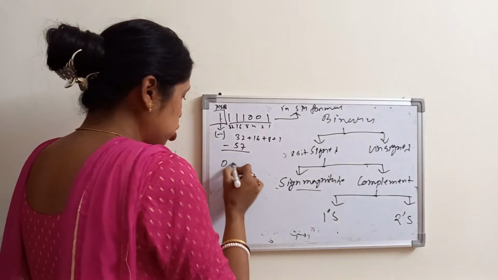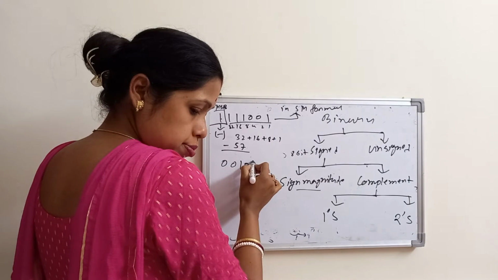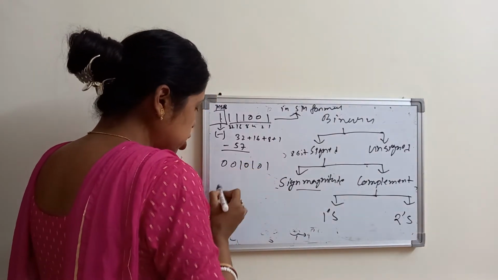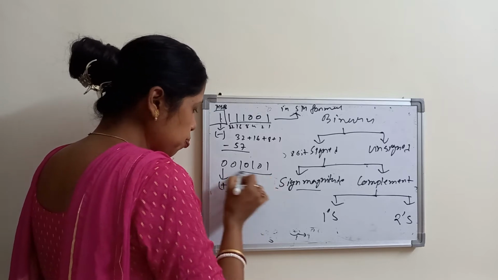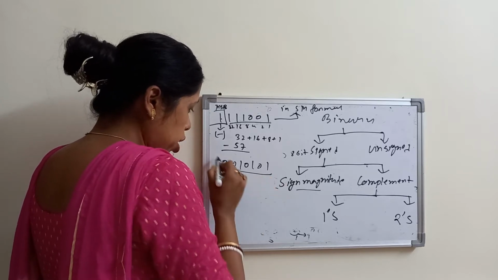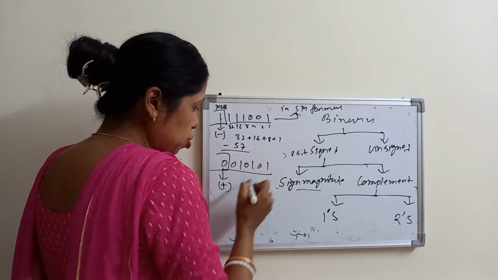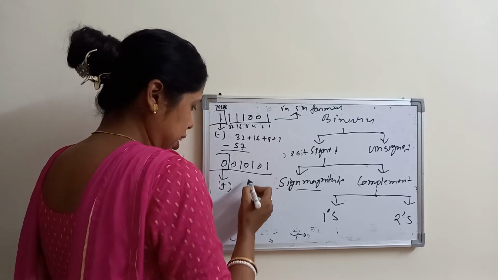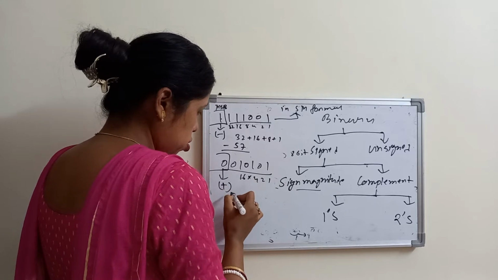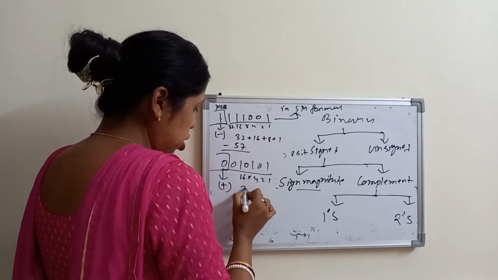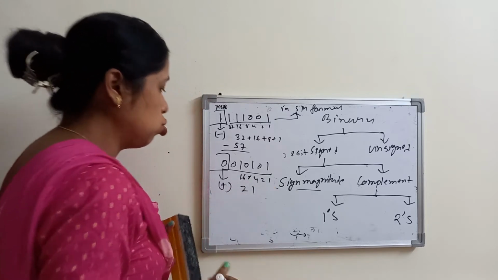Suppose this number is there. That means the MSB is 0, so the number is a positive number. I have to remove the MSB and the rest of the number should be converted. Then this number is plus 21.